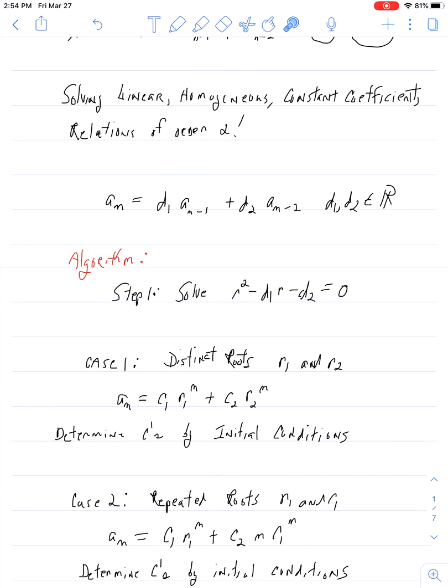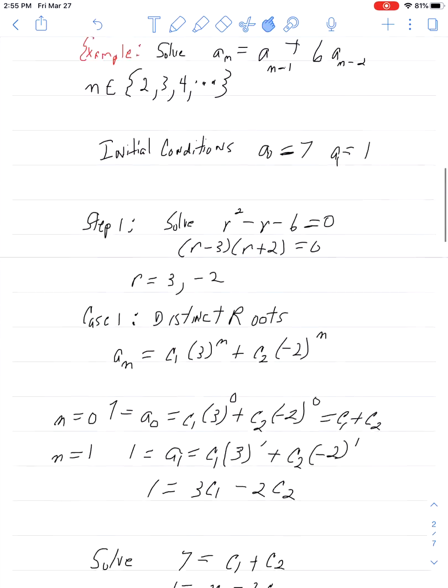And there are two cases. One is the quadratic equation has distinct roots, and we looked at that last time. Case 2 is where the quadratic equation has repeated roots, R1 and R1. And that's what I'm going to concentrate on this time.